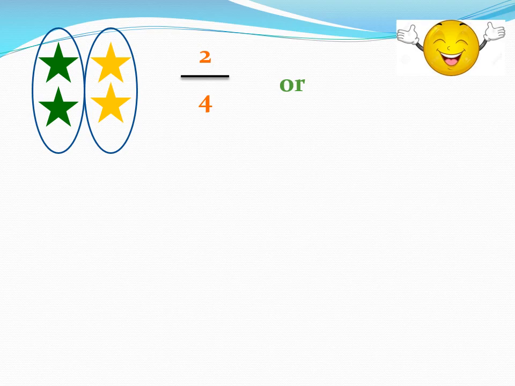Under the line, I will write the total of groups. I have 2 groups, so I will write 2. Above the line, I will write how many groups are yellow. Here I have 1 group yellow, so I will write 1. So 2 over 4 equals 1 over 2, that's called half.